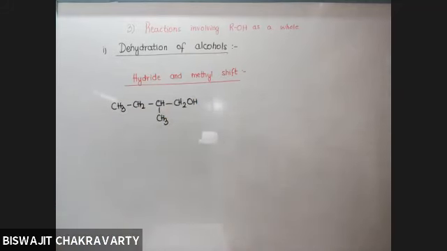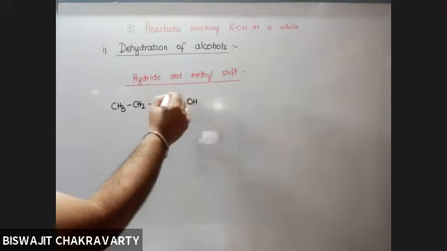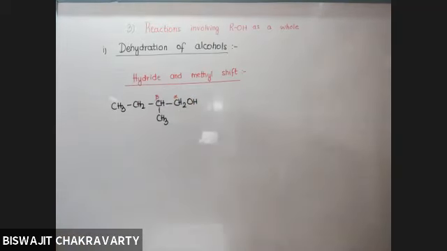There is a branching. It's not a straight chain. So of course it's a 1 degree alcohol with a branching, and the branching is found in which particular carbon? Is it alpha carbon, beta carbon, delta carbon? The beta carbon. So this is the alpha carbon, this is the beta carbon.